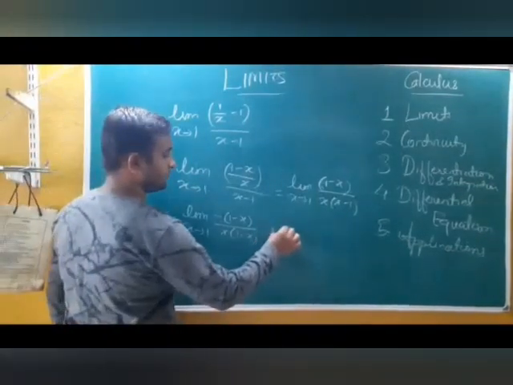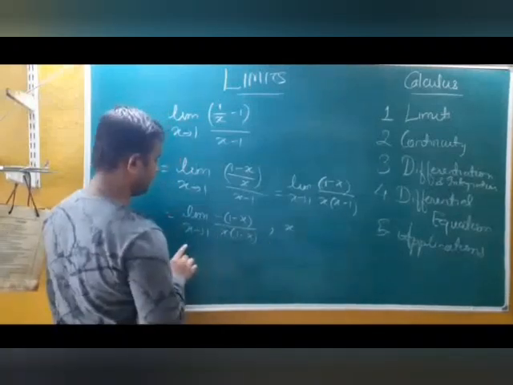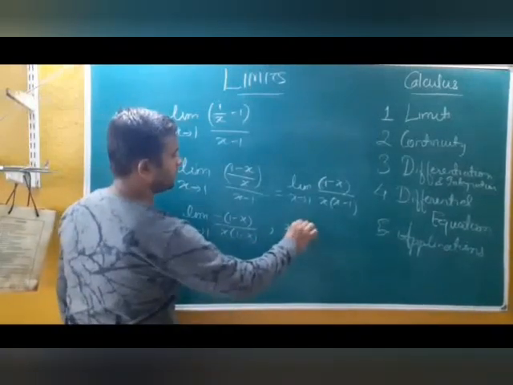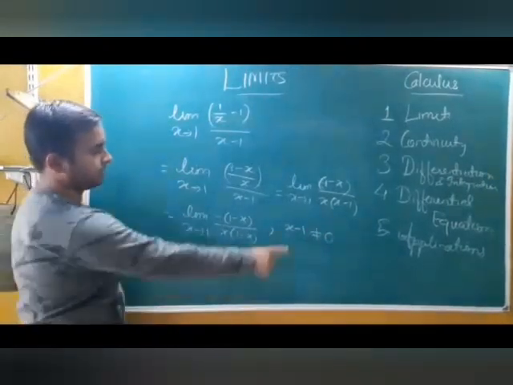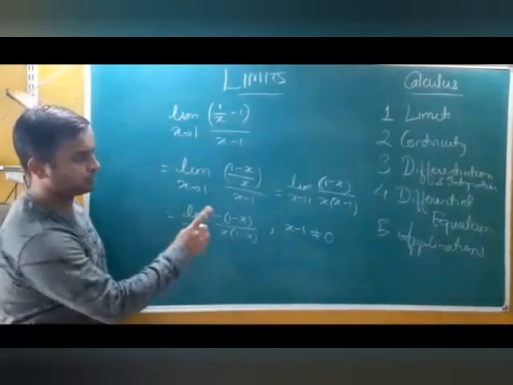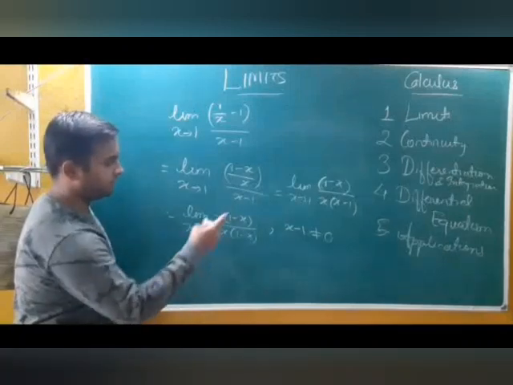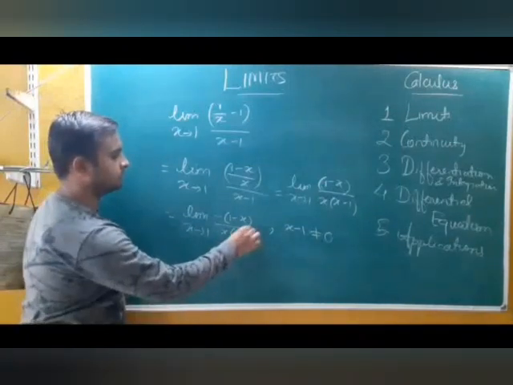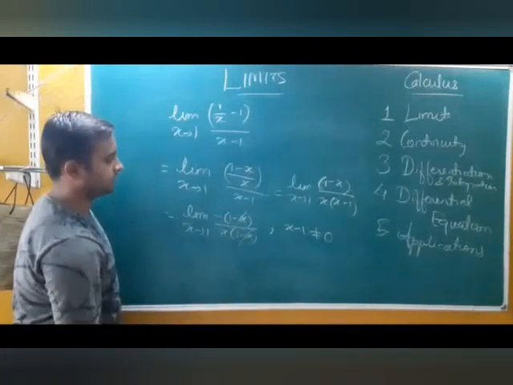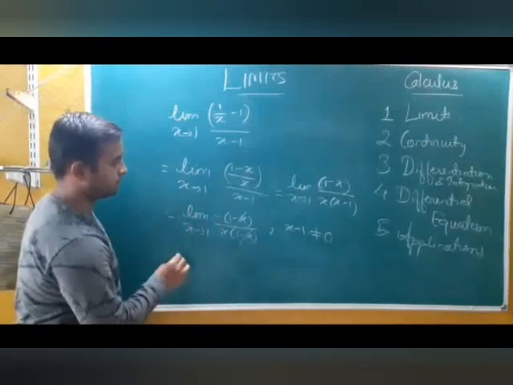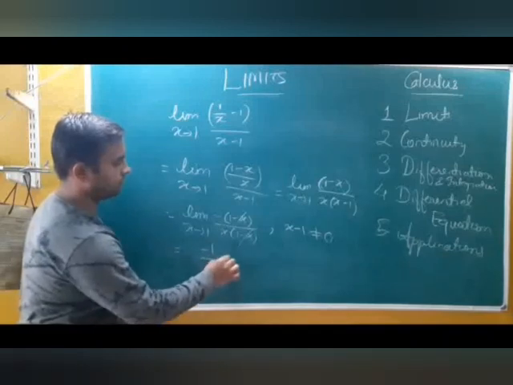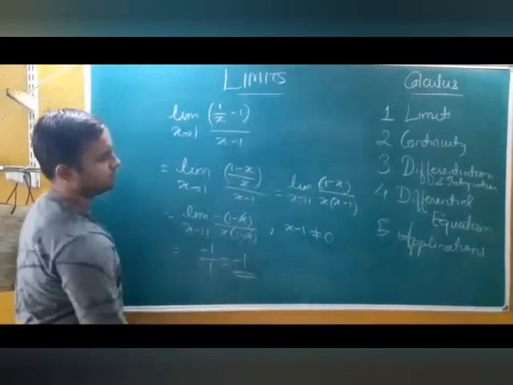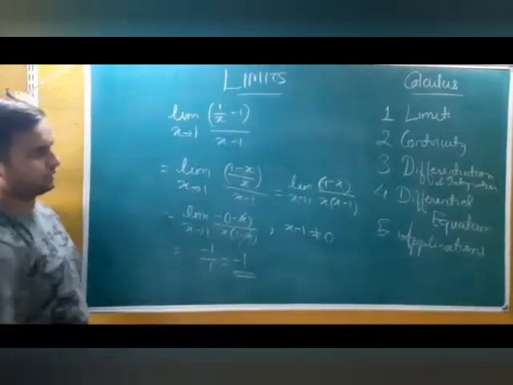That means x is not equal to 1, so x minus 1 is not equal to 0. X is approaching towards 1, and if this is the condition, we can cancel this. 1 minus x is cancelled. And now we will substitute the value of x as 1. So answer should be minus 1 upon 1, which is minus 1. Okay? Note this down.